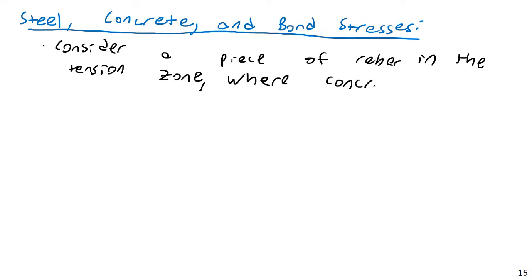So effectively when this occurs, the steel ends up joining together separate pieces of broken or cracked concrete. It ends up bridging the gap between cracks where concrete is cracked.